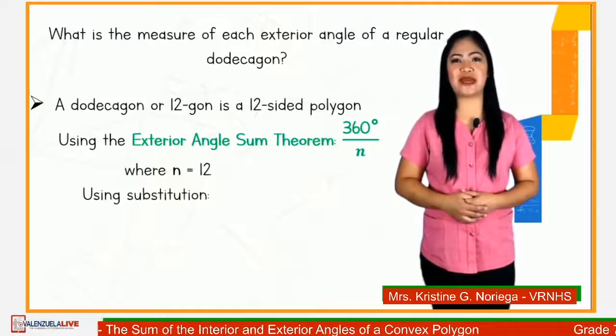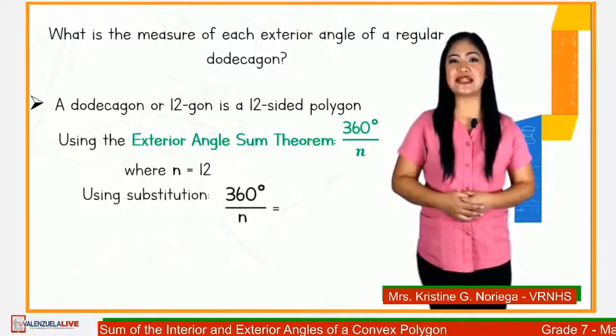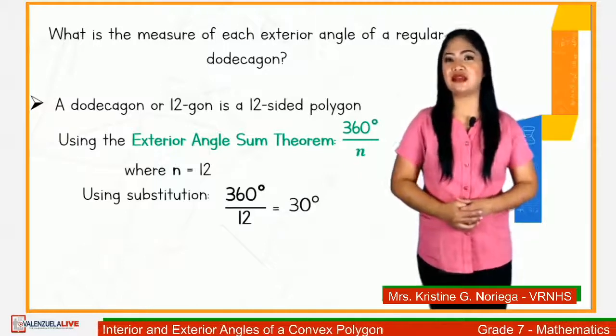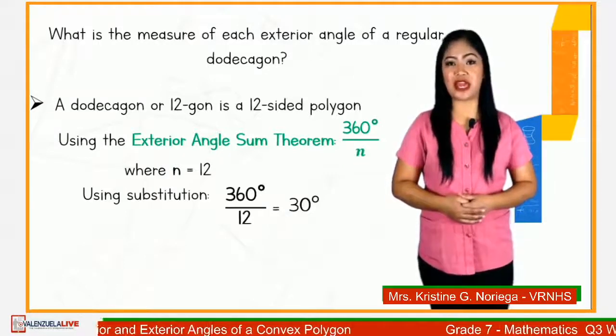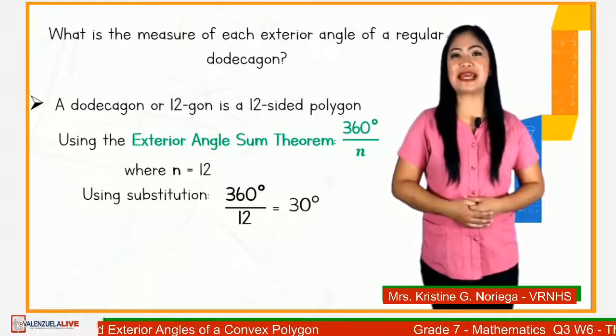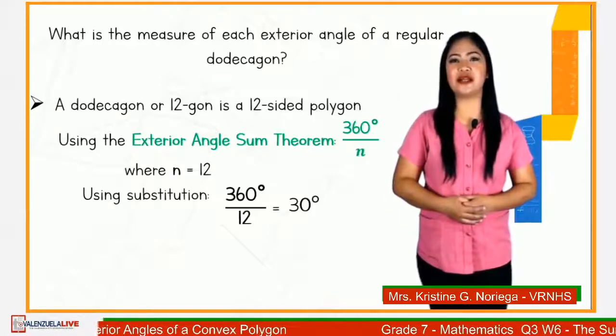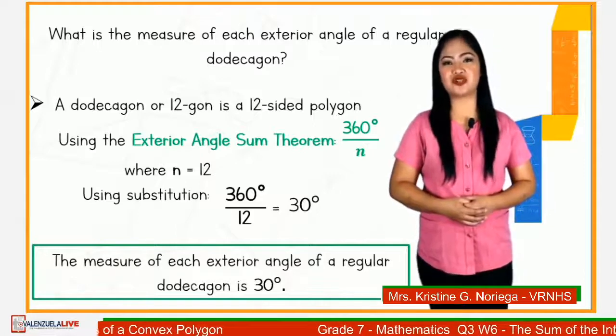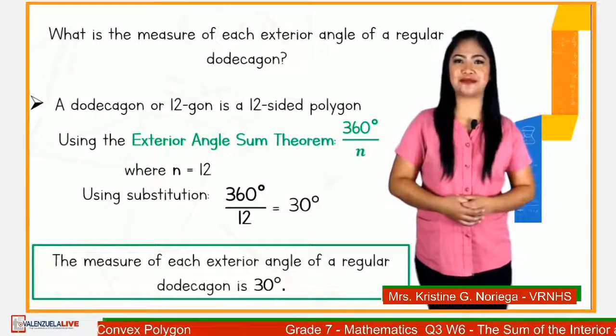So, it will be 360 degrees divided by 12. And 360 divided by 12 is equal to 30 degrees. Therefore, each exterior angle of a regular dodecagon measures 30 degrees.